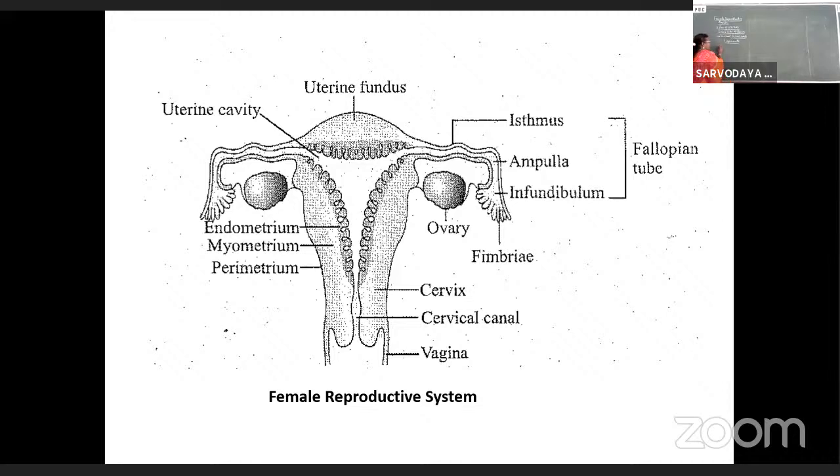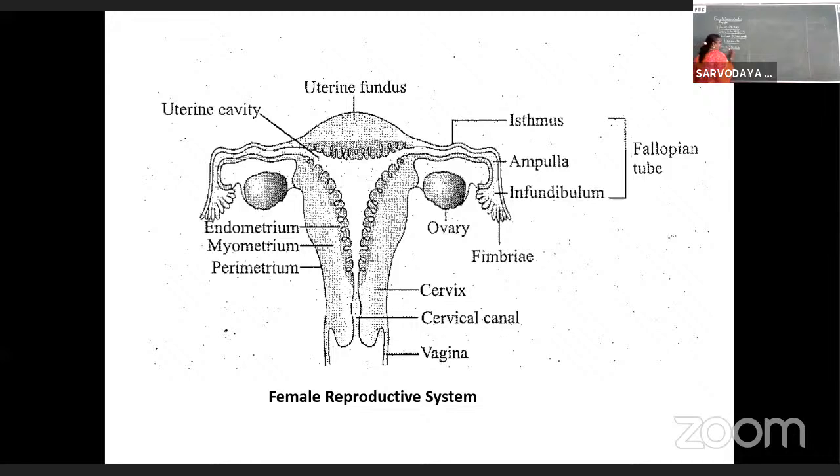Now, when you take a section of the ovary, the entire tissue filling the ovary we call as the stroma. For example, I just draw a simple diagram. If this is the ovary, when you take a section inside, the entire inside of the ovary is filled by the stroma.